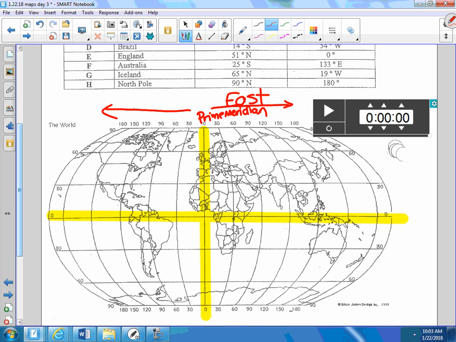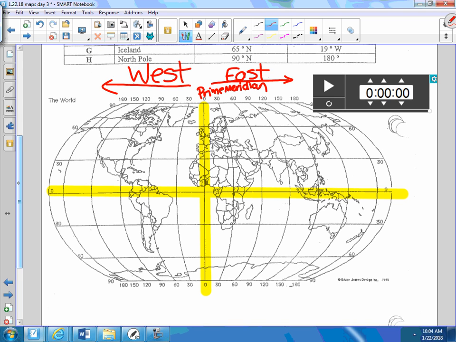If I start at the prime meridian, I go to the east, I am gaining time. The time passed already. If I'm going to the west, the time didn't happen yet. The west is going to happen later. Well, obviously everything's happening at the same time, but the times are different. If this is 12 o'clock in the afternoon, everything here is after 12 and everything on the other side is before 12.